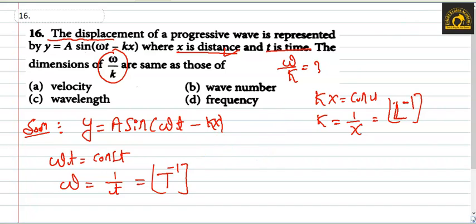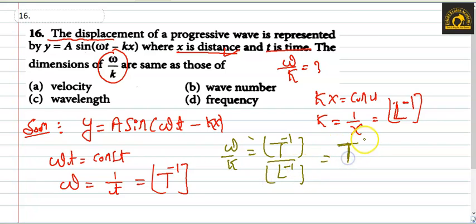So now put the values in this equation. Omega divided by k is equal to omega, T to the power of minus 1, divided by k, L to the power of minus 1. After simplifying, that is T to the power of minus 1, L to the power of plus 1.